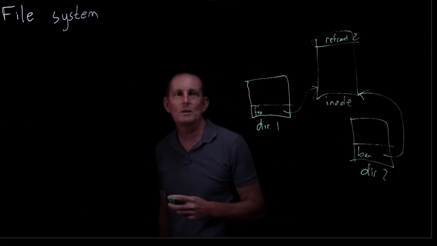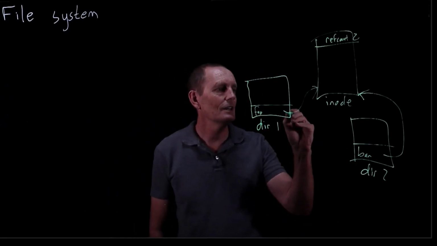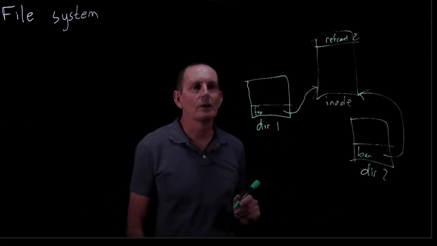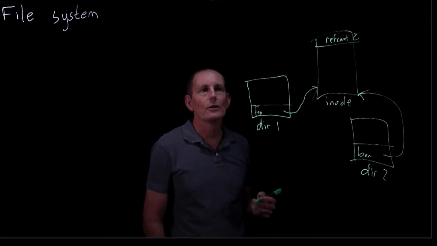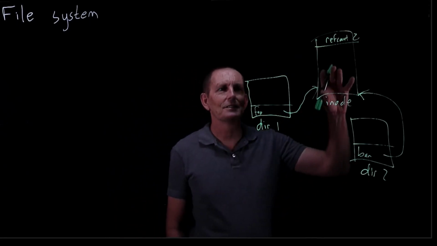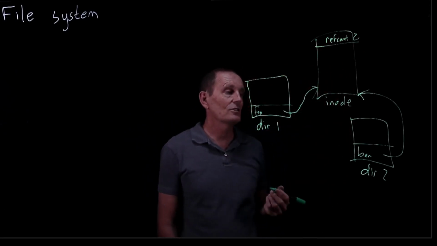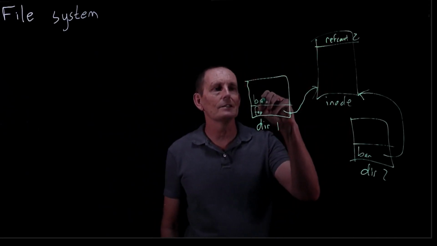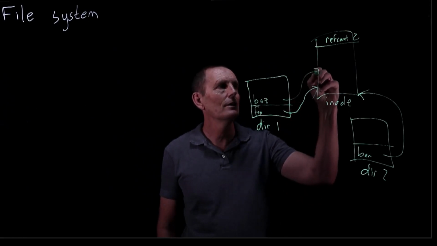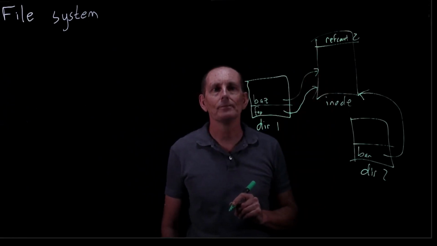And of course, this ref count needs to be maintained on disk, right? Because whether we're running or not running, still this inode has 2 directory entries pointing to it. We could just as well have also baz here, let's say, and share it as well.